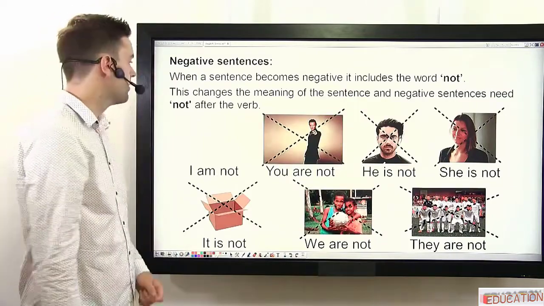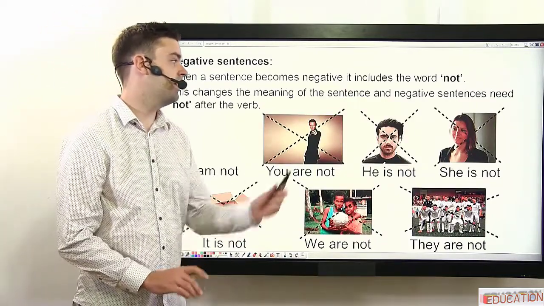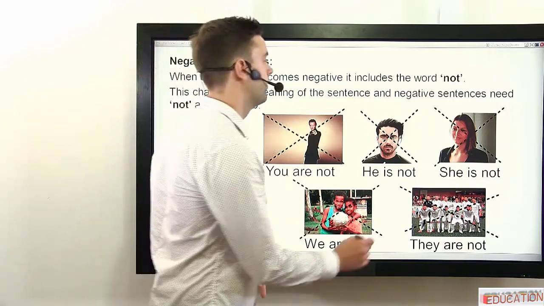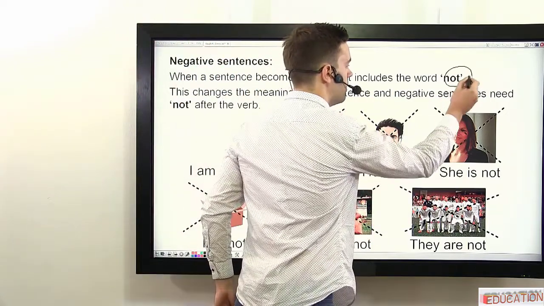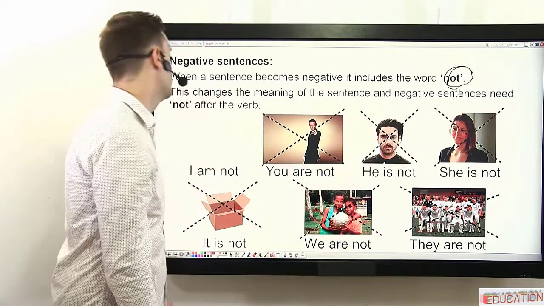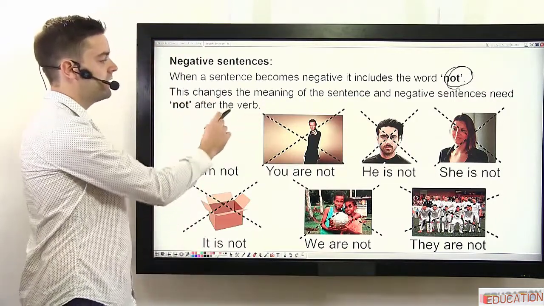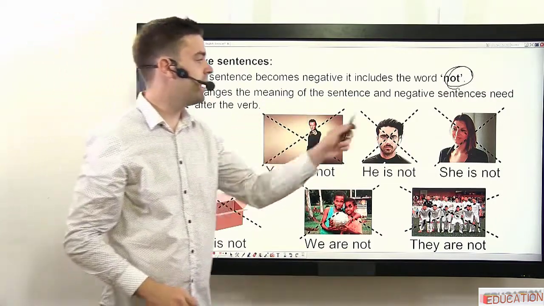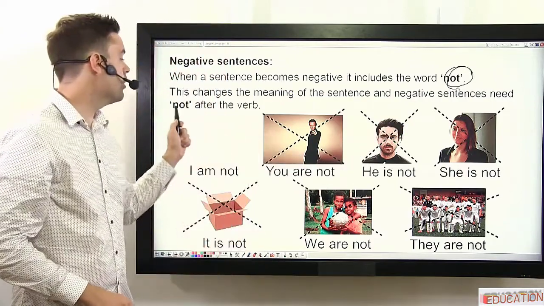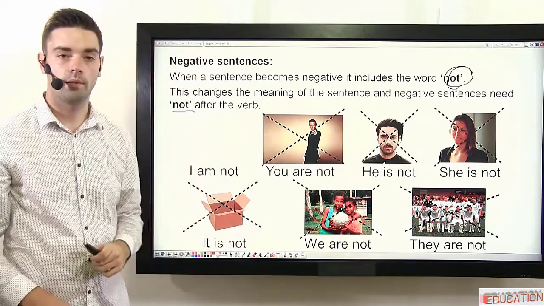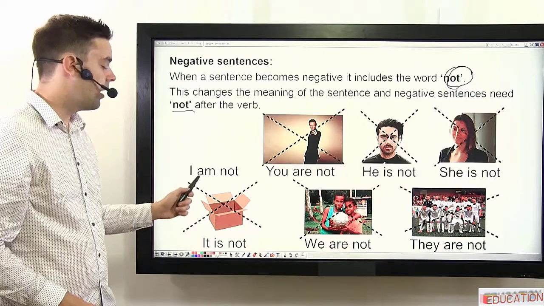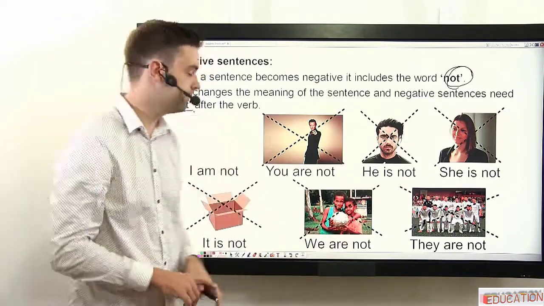Negative sentences. When a sentence becomes negative, it includes the word not. This changes the meaning of the sentence, and negative sentences need not after the verb. I am not.